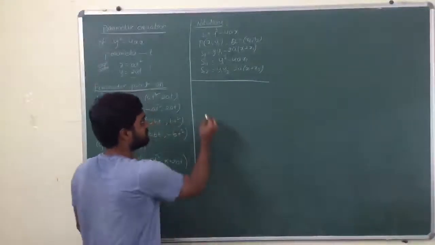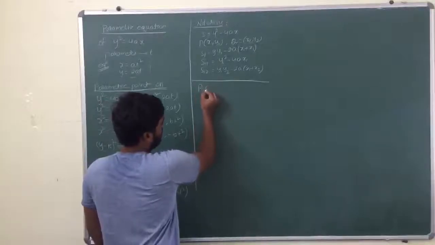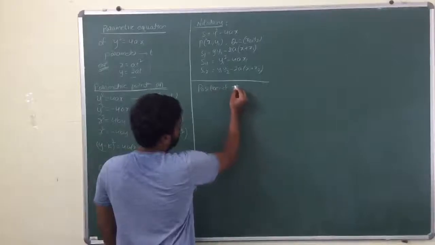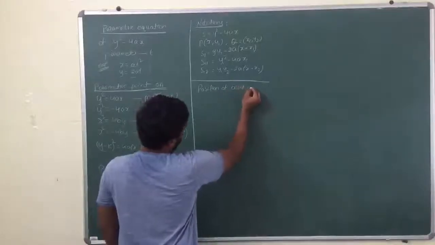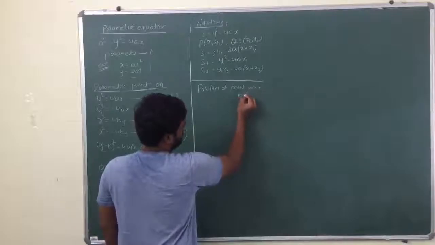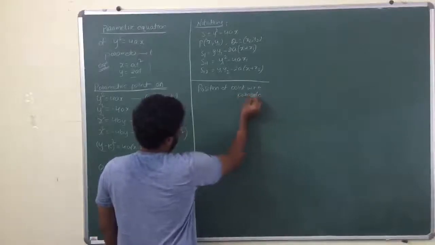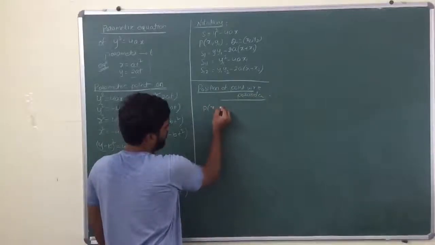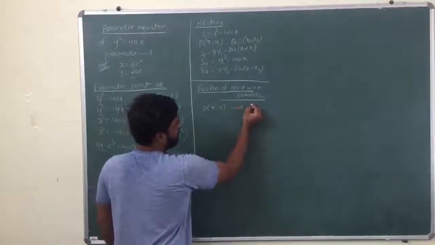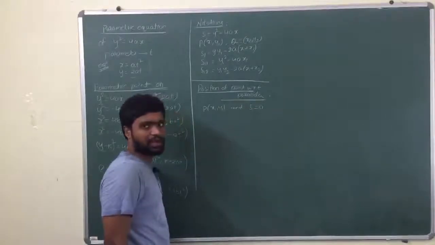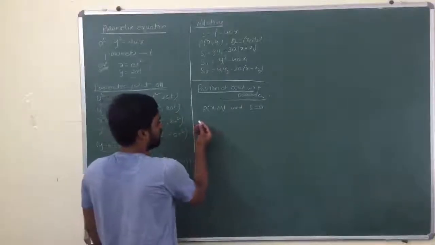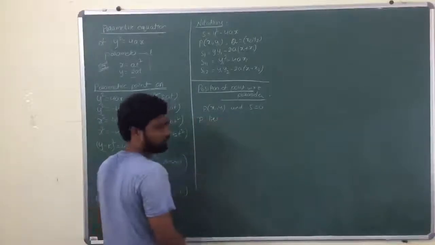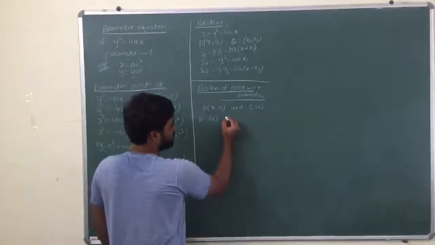So now the thing is, position of a point with respect to a parabola. Point P (x1, y1) and the parabola S equals 0.